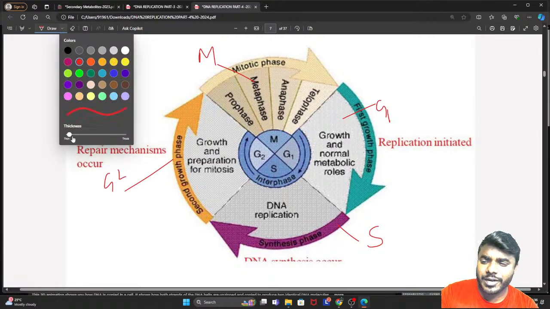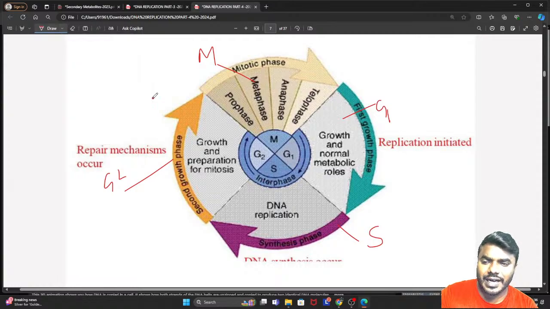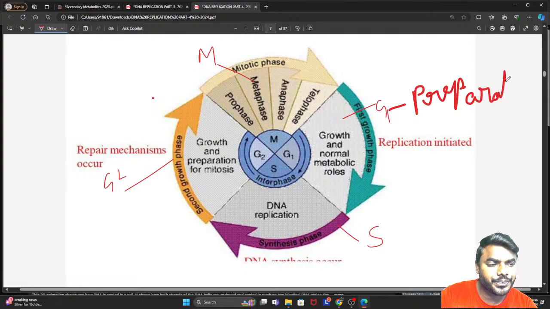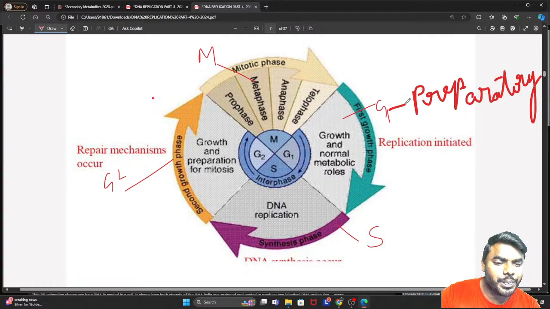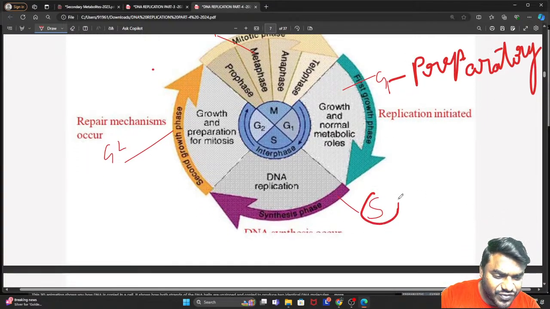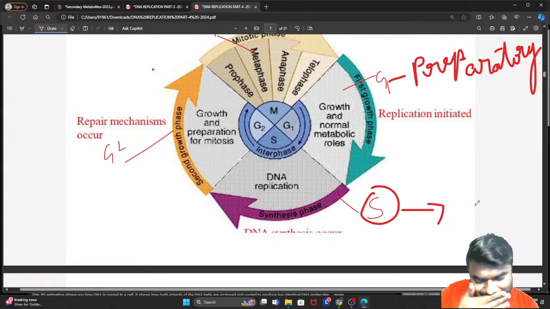So remember my statements very correctly. What do we always say? We always say that the G1 phase is the preparatory phase. Correct or not? The G1 phase is the preparatory phase for the S phase. And what is going to happen in the S phase?